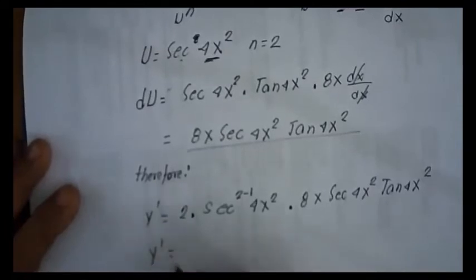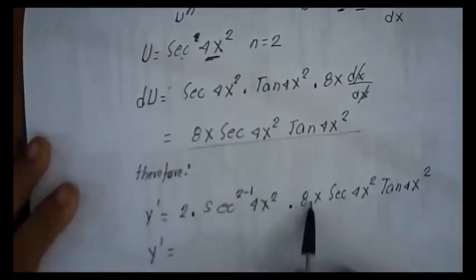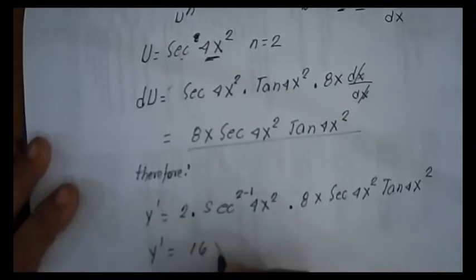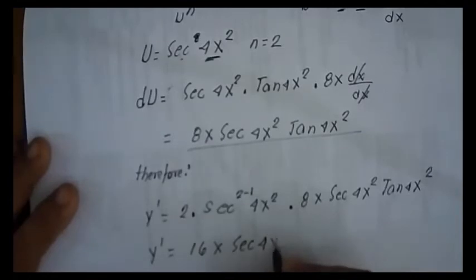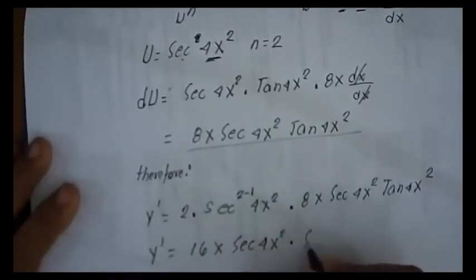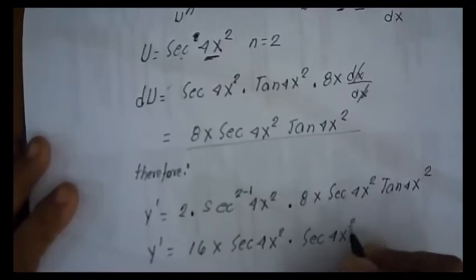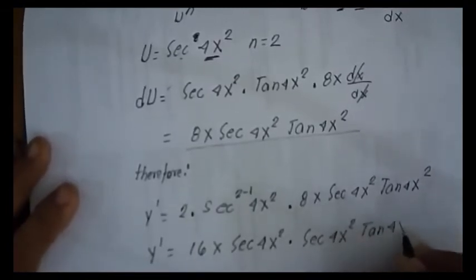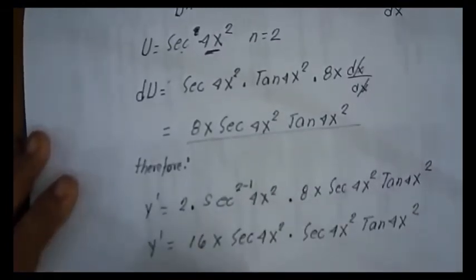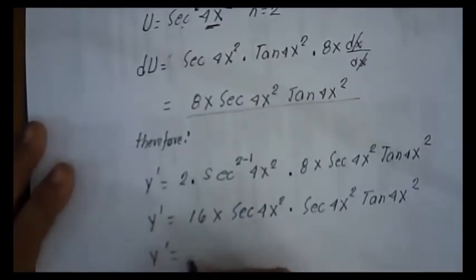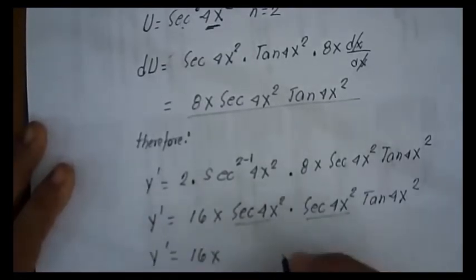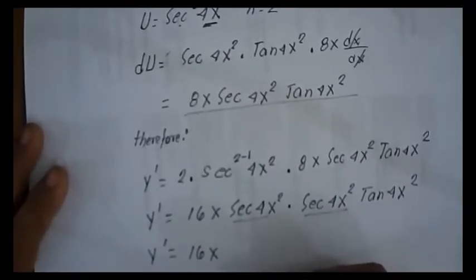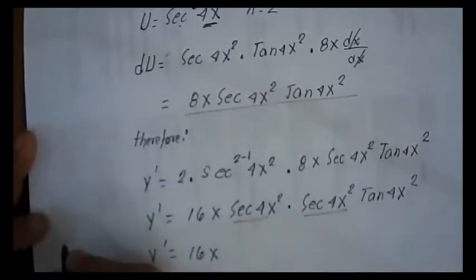So, y prime, 2 times 8x magiging 16x, then 2 minus 1 magiging secant na lang siya, 4x squared, then multiply by secant 4x squared tangent 4x squared. Or, simplify it further, y prime will be 16x. Ito, multiply natin dito, ano mangyari sa sagot natin?